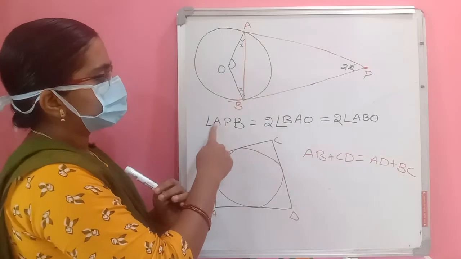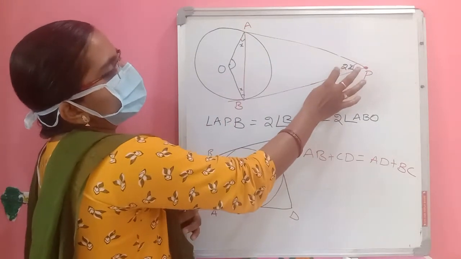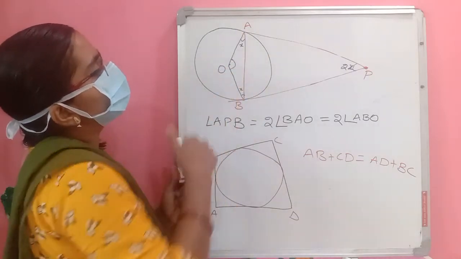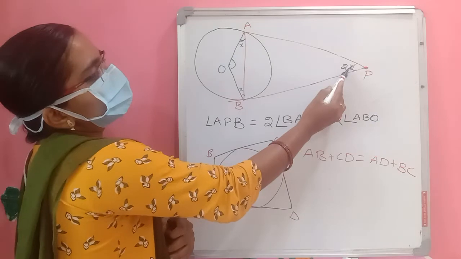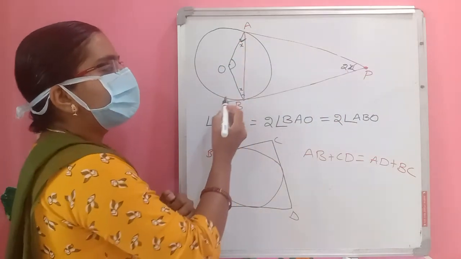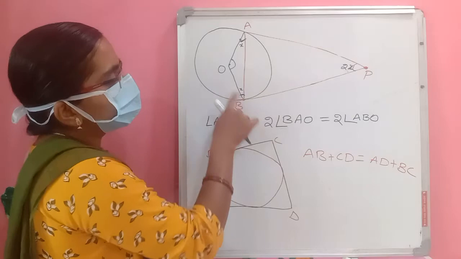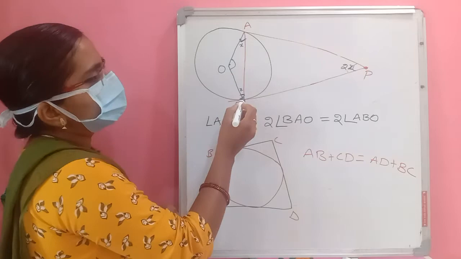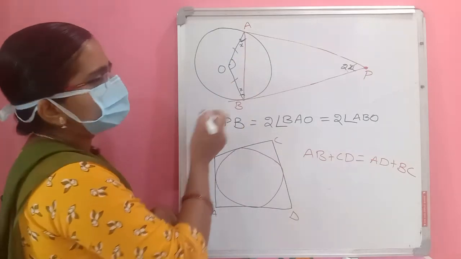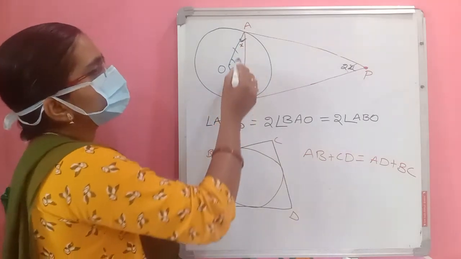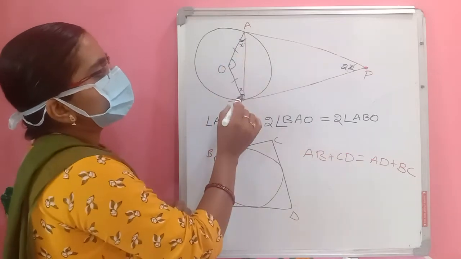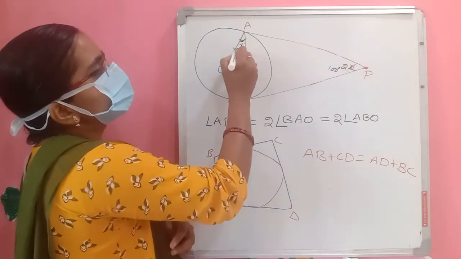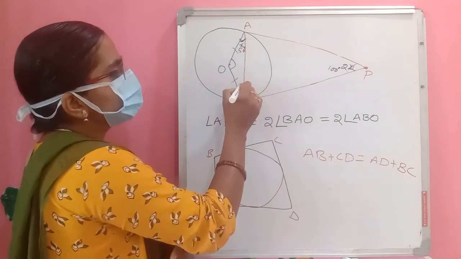The relation is: angle APB is equal to 2 of angle BAO, means this angle is double this angle and also double angle ABO. If these two are x, why? Because these two are radii, and when two sides in a triangle are equal, the angles opposite them are also equal. If these are x and x, then this is 2x. If this angle is 100 degrees, these two are 50. So this we have to know.